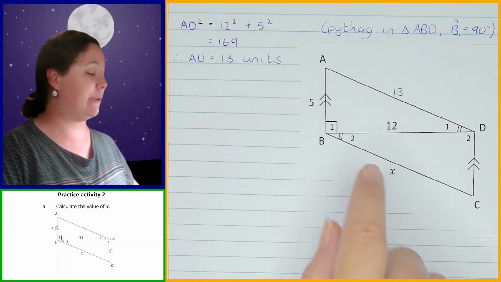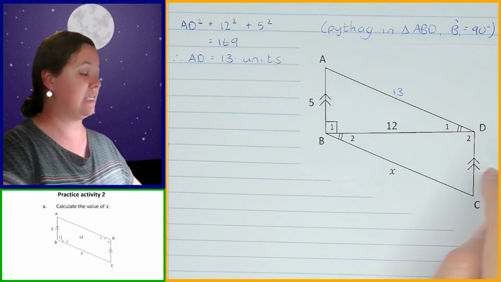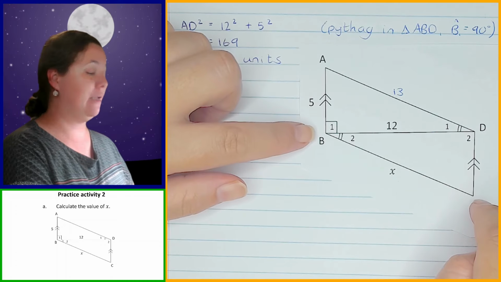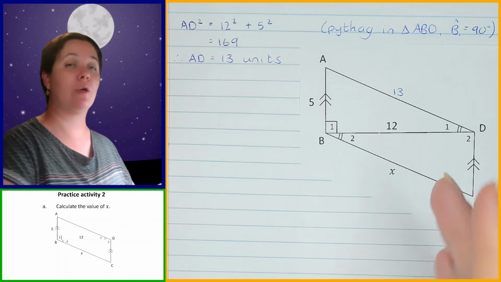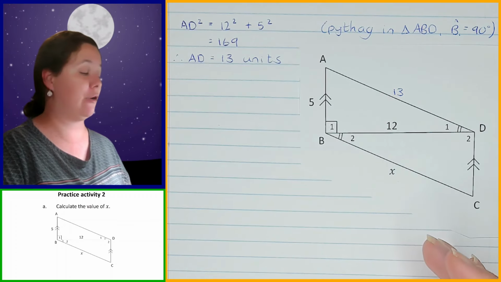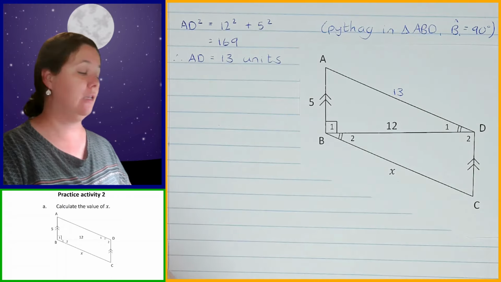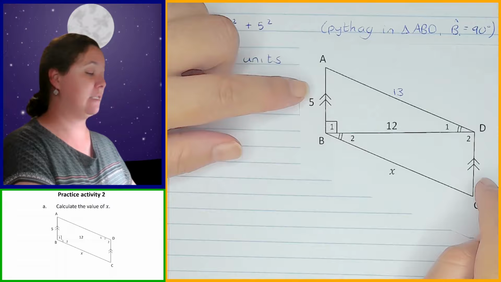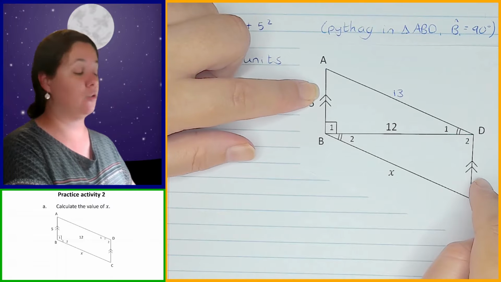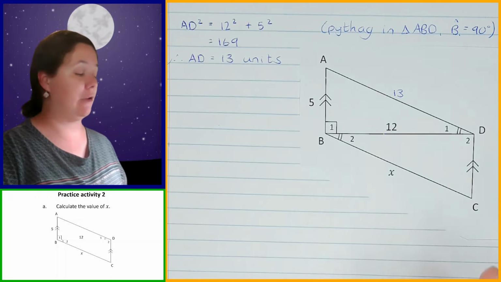So to prove this is a parallelogram, I have a couple of options. I already know that AB is parallel to CD. So I already have one pair of opposite sides parallel. If I can prove that the other pair of opposite sides is also parallel, then I can prove that this is a parallelogram. Or if I can prove that the same pair of opposite sides is also equal, then I can prove that it's a parallelogram.